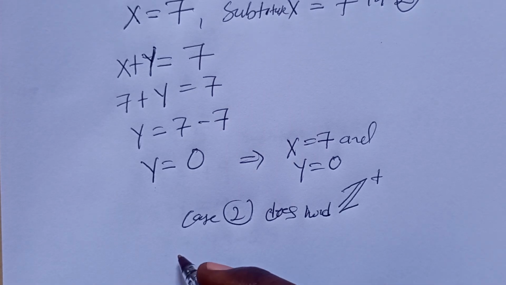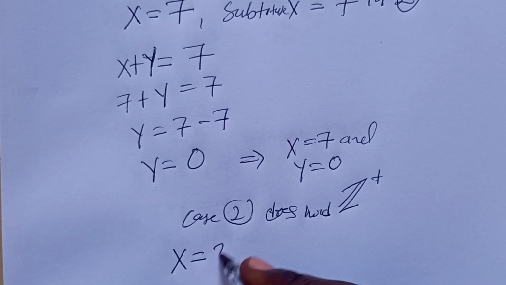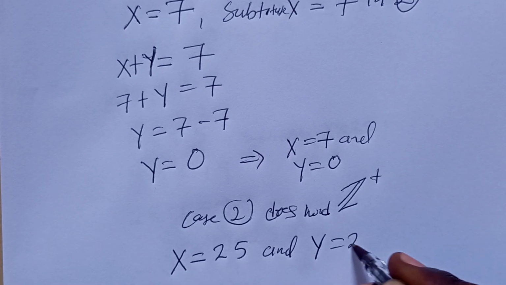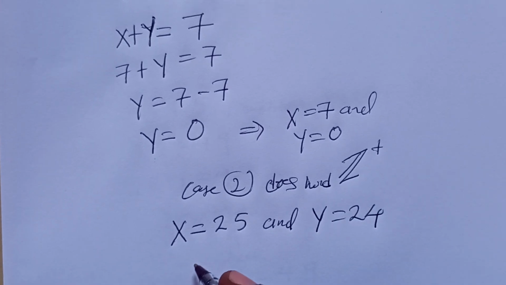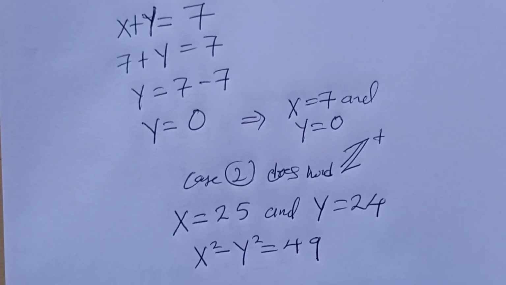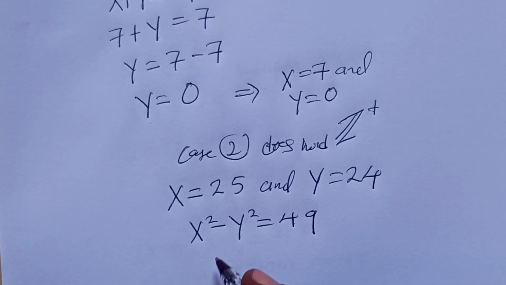So the only condition that satisfies our answer is x as 25 and y as 24. So in this particular question, x squared minus y squared equals 49, the conditions that satisfy this are these.